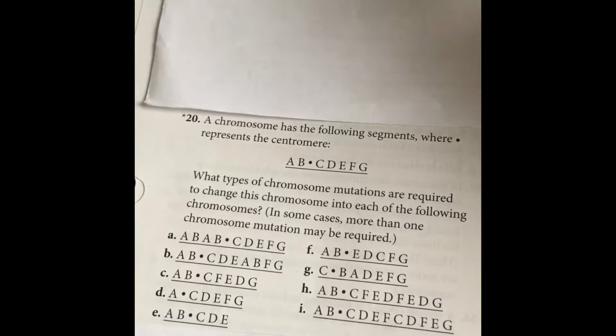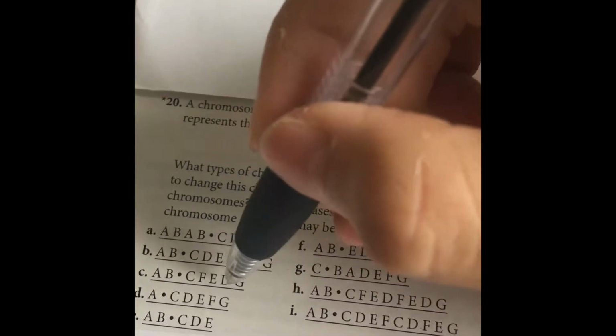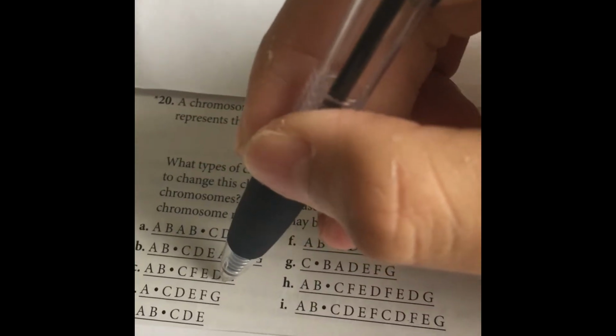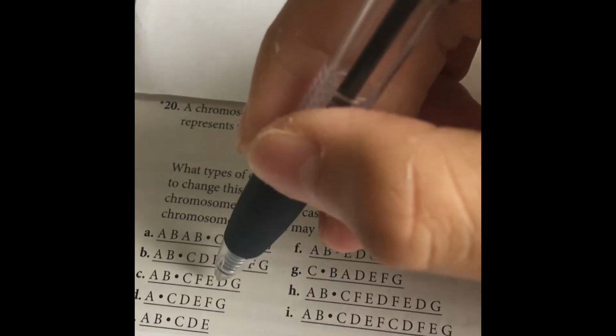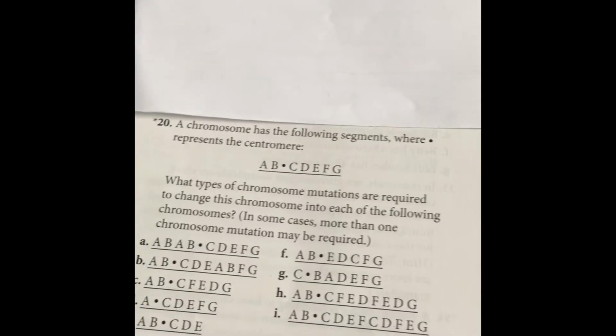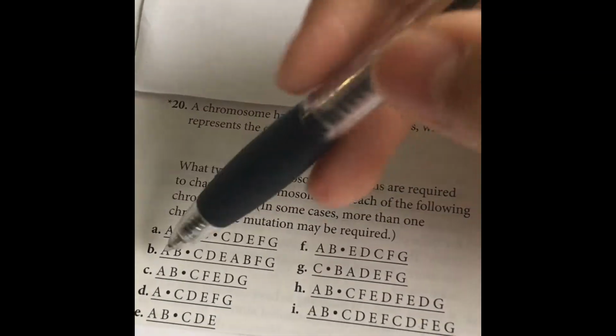Pericentric means that it includes the centromere inside the inversion, and in this case the inversion happened completely outside of the centromere. So that would mean that it is a paracentric inversion. And the only reason it's a paracentric inversion is because it didn't include the centromere.